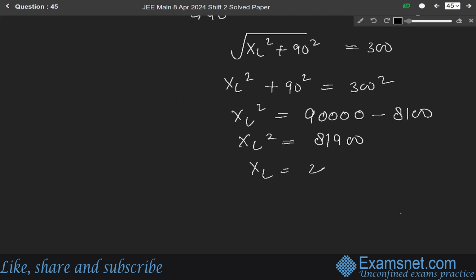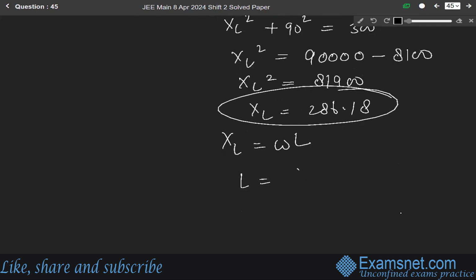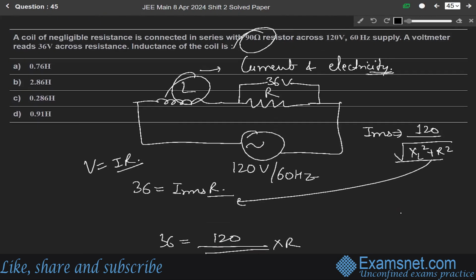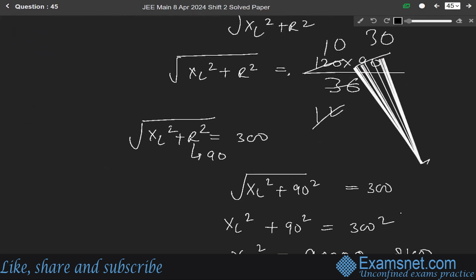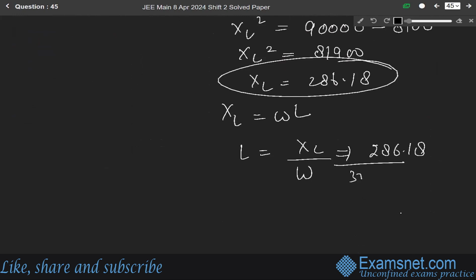So XL will be equal to 286.18. And we know that this XL is omega L. So from here, L will be equal to XL over omega. So XL is 286.18 over omega. For here, the omega will be 376.8.